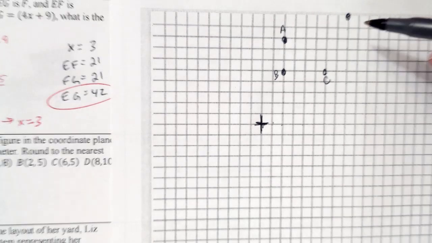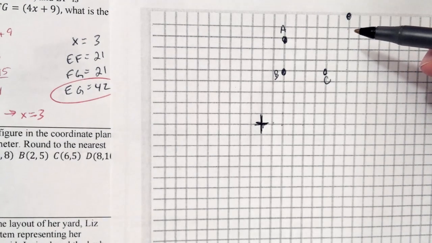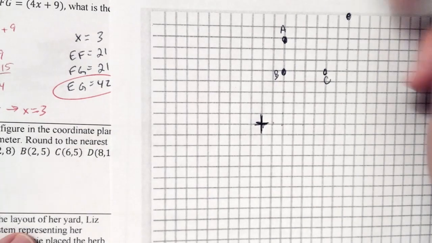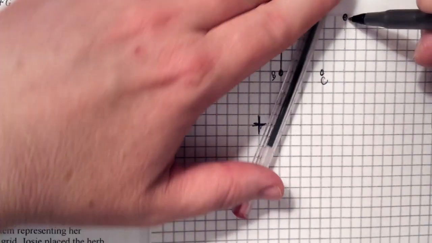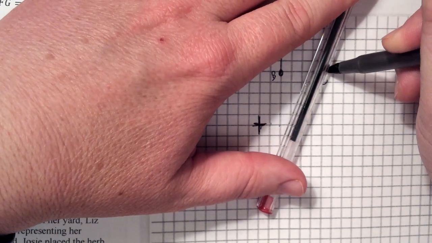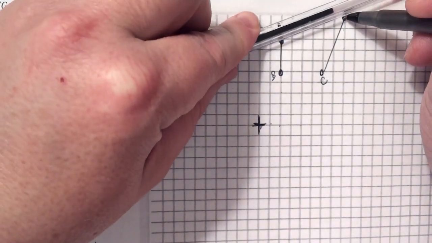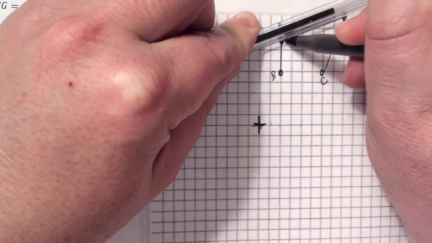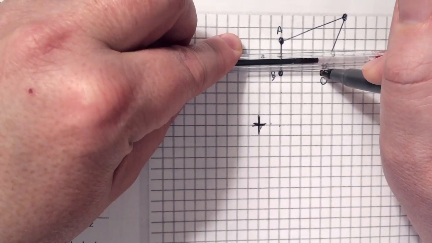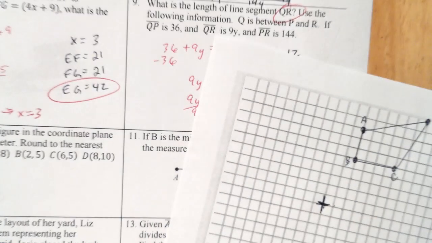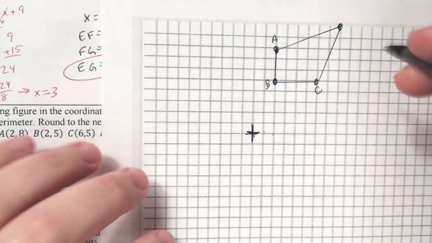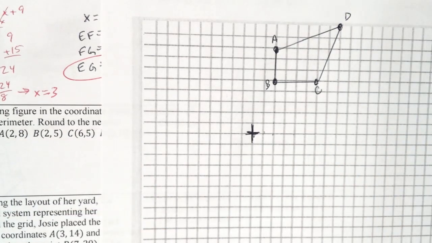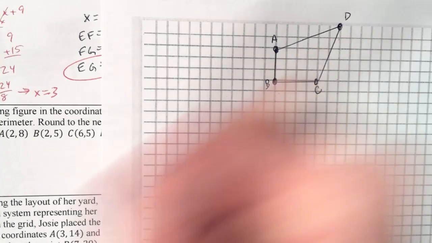All right. I'm going to connect the dots here. Okay, so here is my lovely, lovely picture. Now a couple different ways that we could do this. One is to do mathematically this minus this, or we could just count our hops.